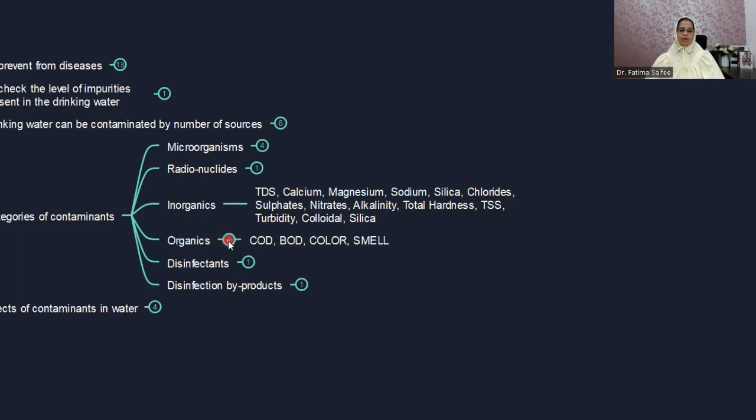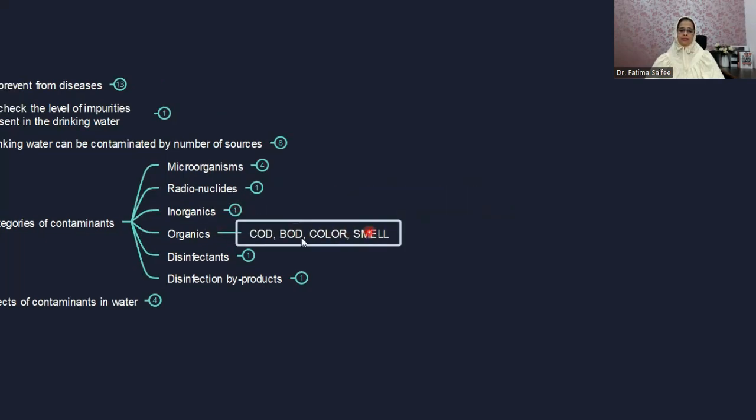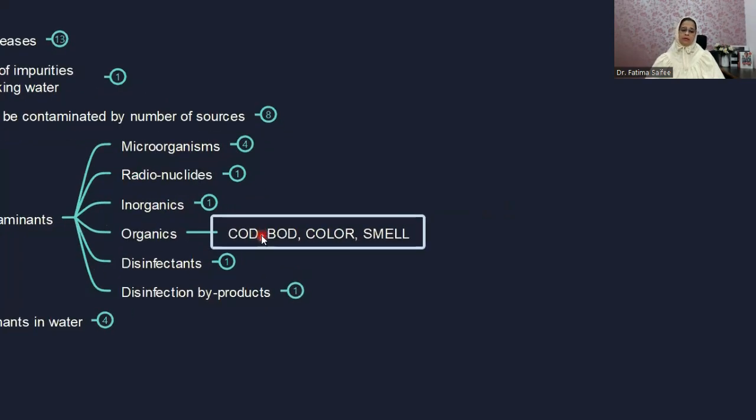If we go to the organic impurities, that is BOD, COD, color and smell. BOD and COD are very important analyses which we do in the lab to understand the oxygen content present. COD is chemical oxygen demand and BOD is biochemical oxygen demand.